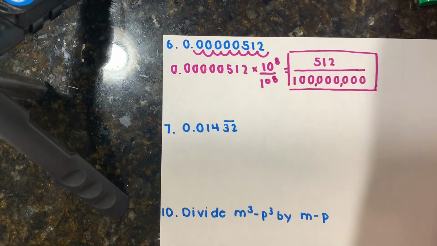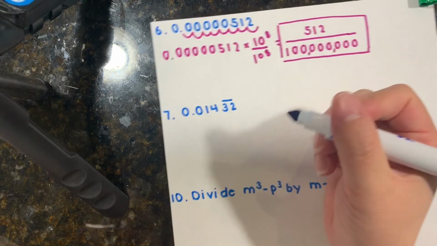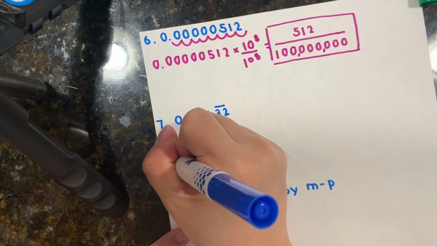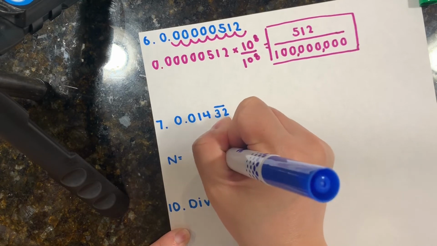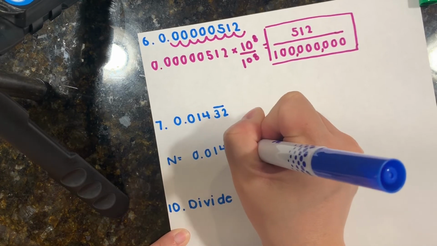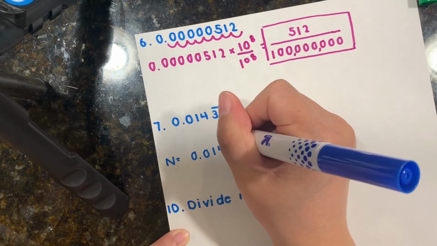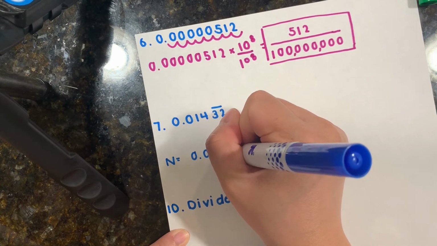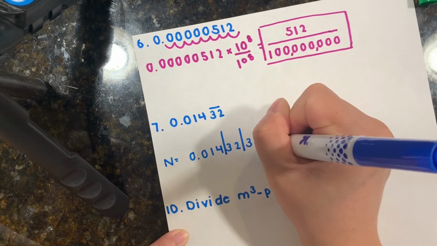Now for the next one, this is that tricky one. So my n is going to be equal to this number right here. So my n is going to be equal to 0.01432 repeating.